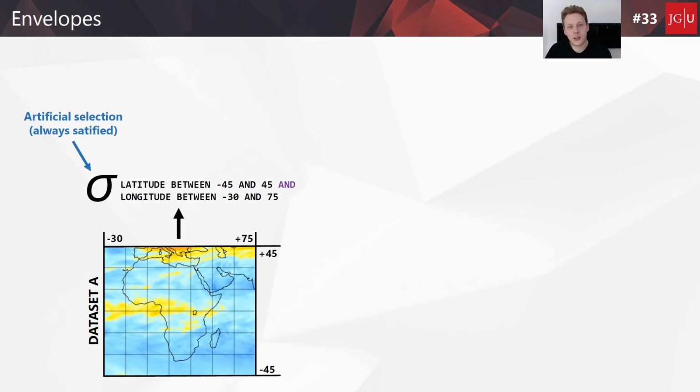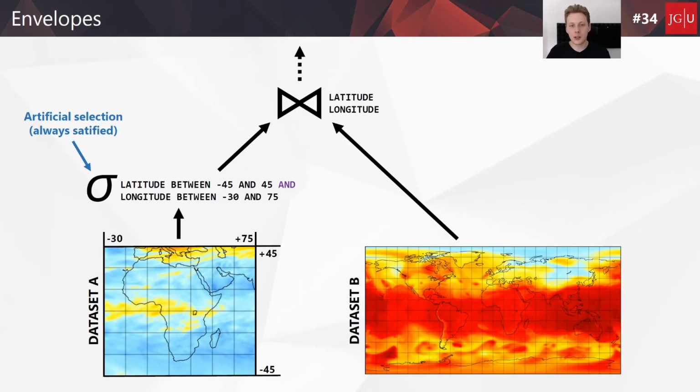Now, this selection doesn't do anything at all. It just wastes computation time at the moment, because it's always satisfied. We know the upper and lower bounds, and we know that every part of the dataset will always satisfy this predicate.